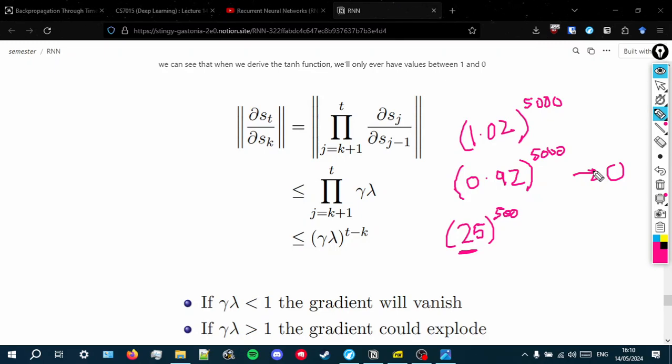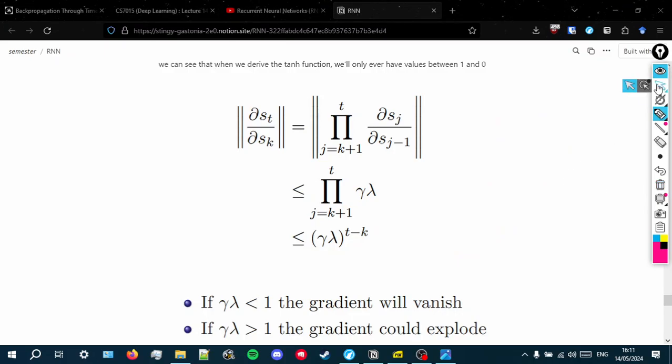So the whole idea is that this multiplication will result in either a gradient exploding or a gradient vanishing because of how big the input sequences are. This is just a consequence of the model itself being interconnected in such a way that we are multiplying all of the input sequences, all of the hidden states, together.